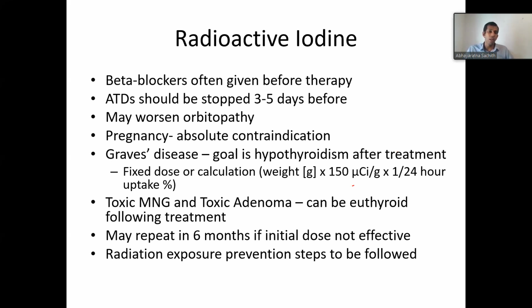Most patients after Graves' disease will eventually go into hypothyroidism. It's less common with toxic multinodular goiters and toxic adenomas, because in those situations only the nodules will take up the iodine and get destroyed. But in Graves' disease, all of the gland will take up iodine and get destroyed. So eventually most patients after Graves' will turn hypothyroid and need thyroxine replacement. Very rarely patients will fail with the first dose, so you might have to use a second dose.